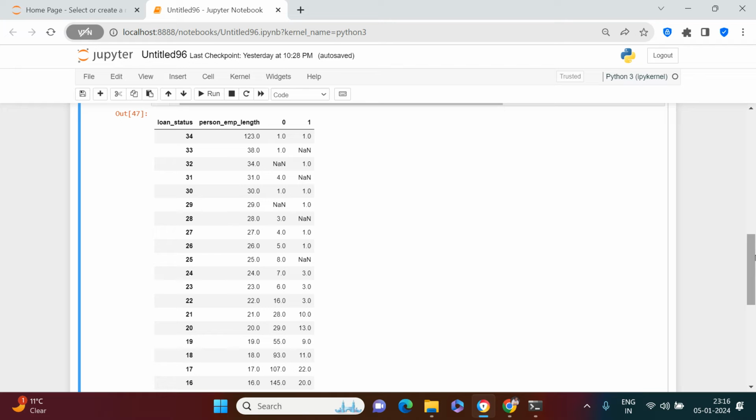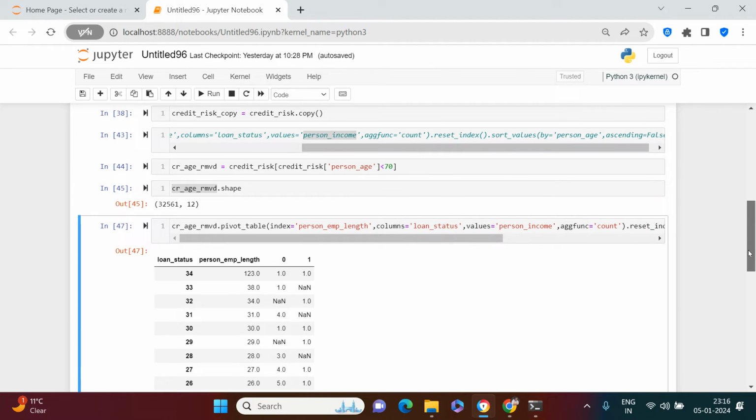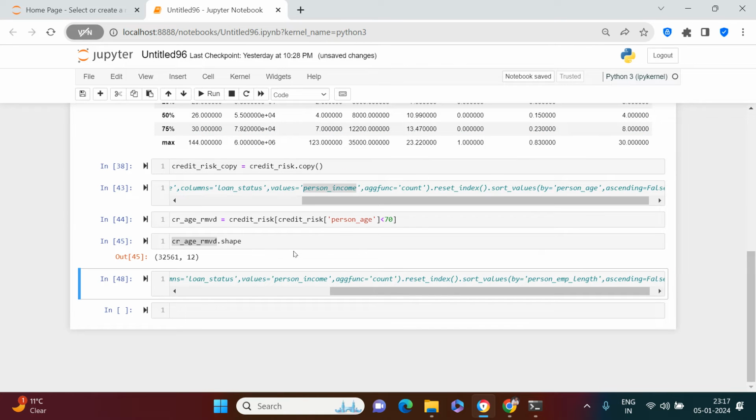So the difference between 18 years and 65 years is approximately 47 years. So anything where the employment length is greater than 47 years, I will delete that record. So let me take that call and proceed with that.